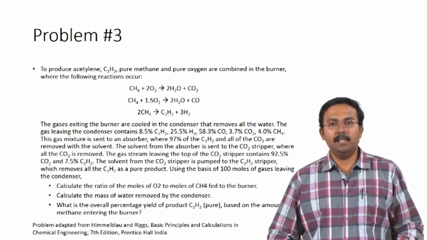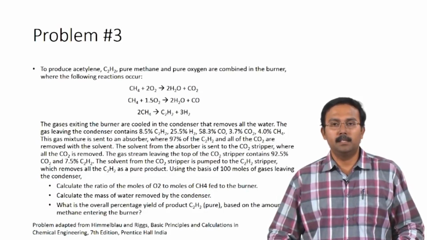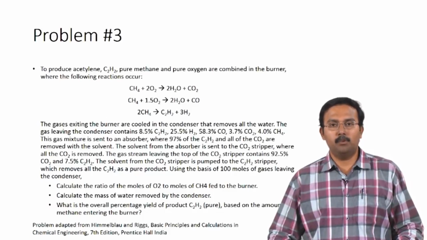The gas leaving the condenser contains 8.5% acetylene, 25.5% hydrogen, 58.3% carbon monoxide, 3.7% carbon dioxide, 4% methane. This gas mixture is sent to an absorber where 97% of acetylene and all of the CO2 are removed with the solvent.